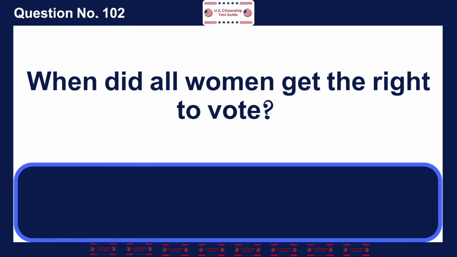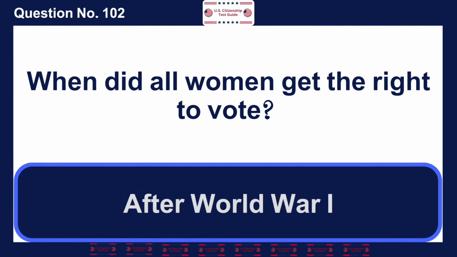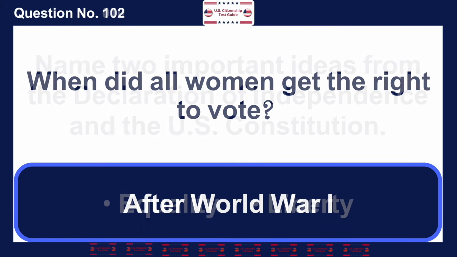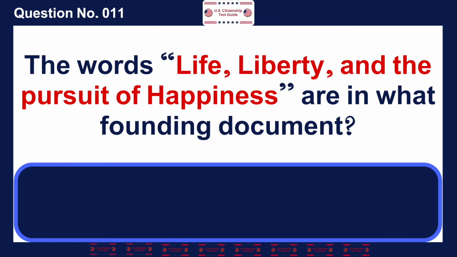When did all women get the right to vote? After World War I. The words life, liberty, and the pursuit of happiness are in what founding document?